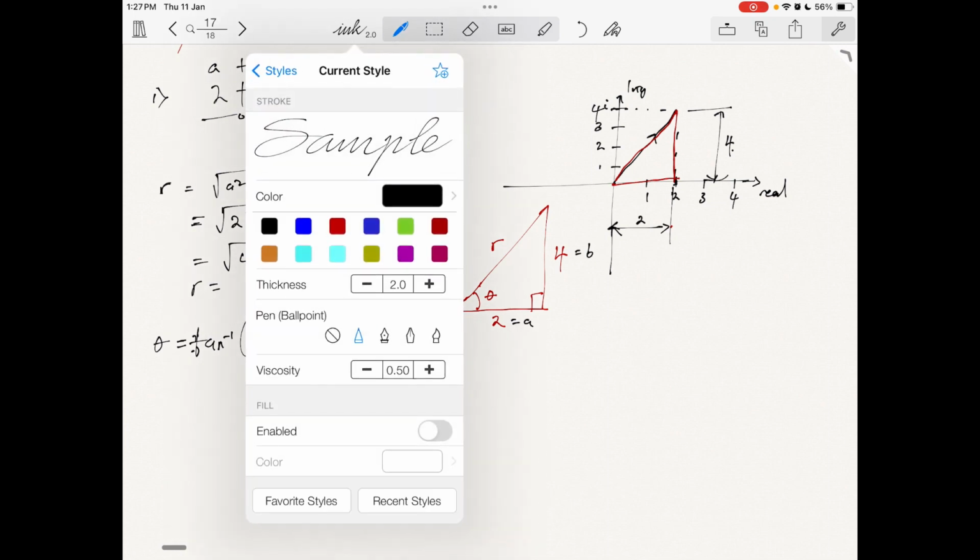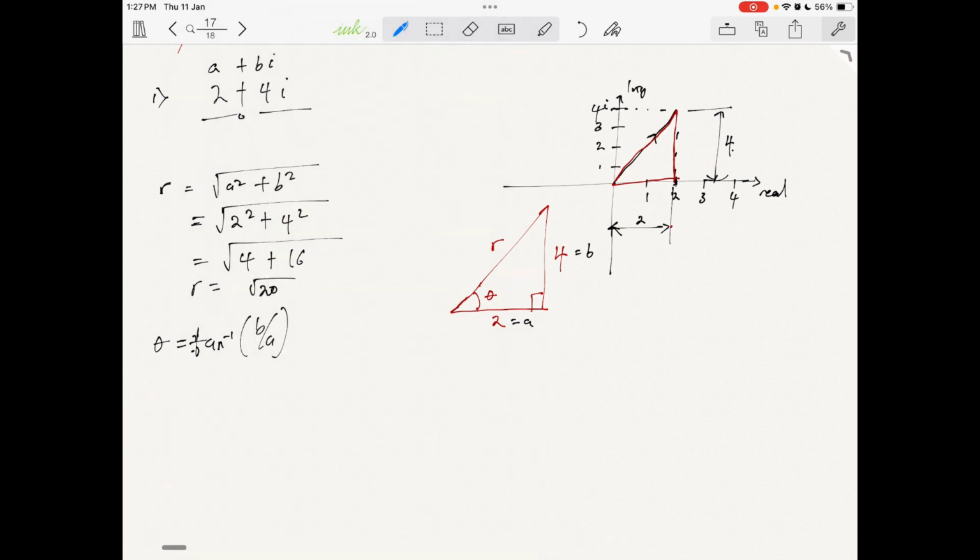But to be sure, the side facing angle theta is the opposite, and the other side is the adjacent. So tan theta is equal to opposite over adjacent, and the opposite is 4 and the adjacent is 2.